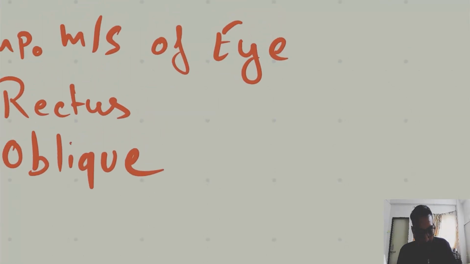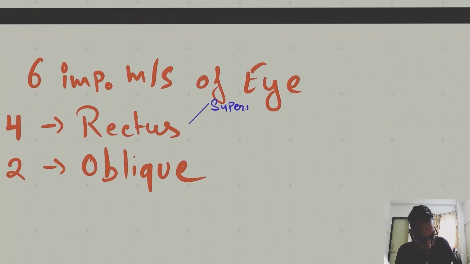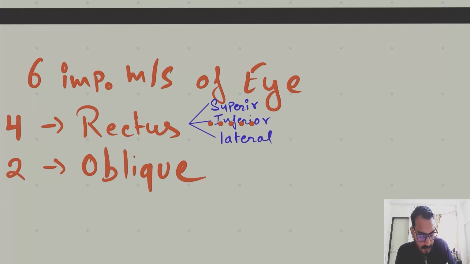What are those 4 rectus muscles? They are superior, inferior, lateral and medial.